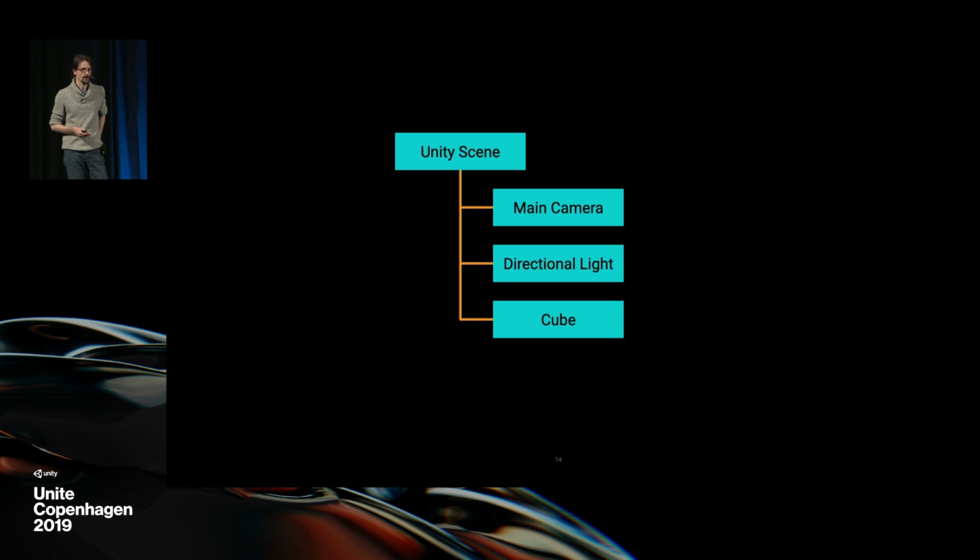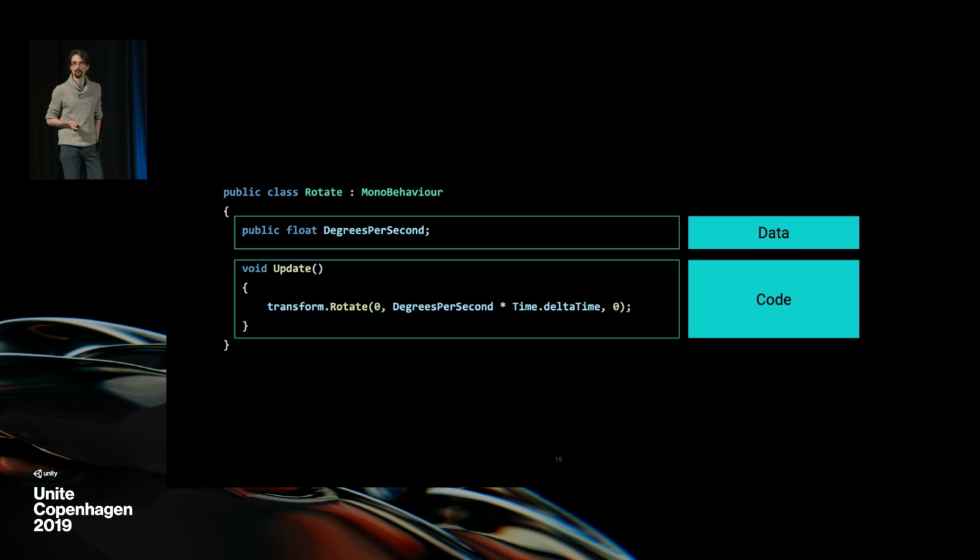You have the default camera, default light, and then we create one cube, just a cube primitive. If we wanted it to spin on itself, we would just have to add a MonoBehaviour to it. This is what this MonoBehaviour would typically look like: just the rotation speed as a field, and then the actual code that does the rotation inside the Update function.